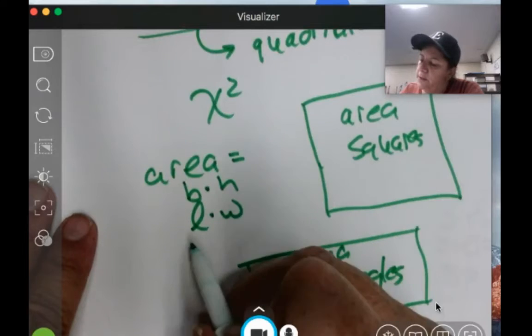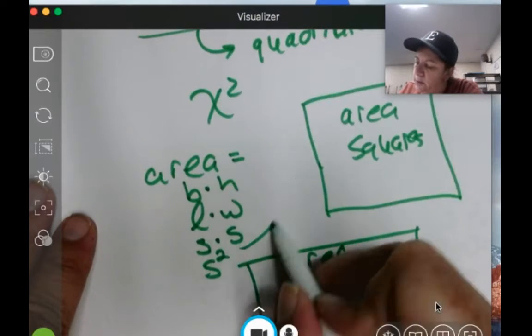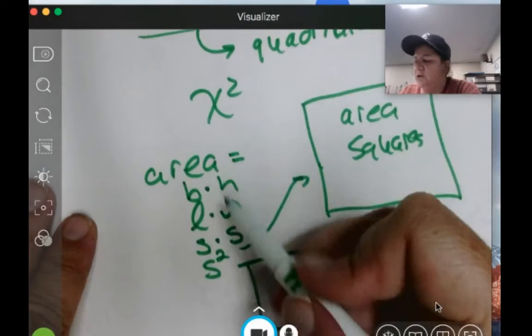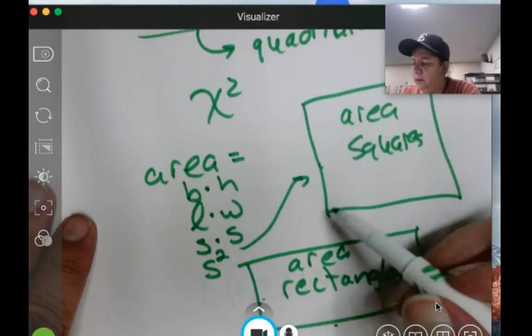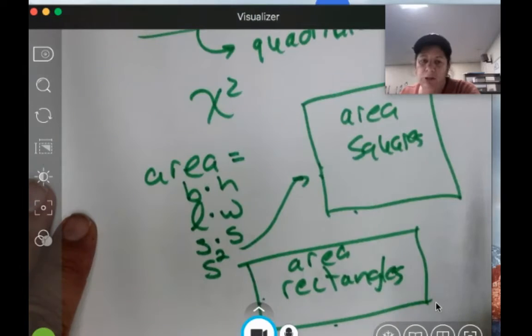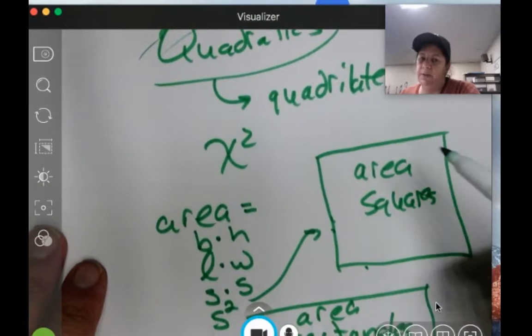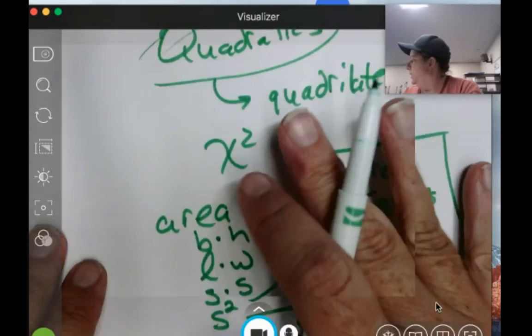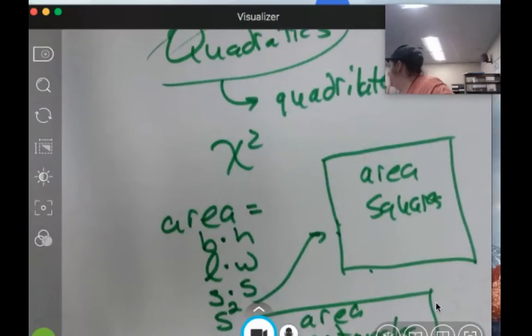Or with a square, you might have learned it's side times side or side squared. Those are all the same formula, right? Base times height, length times width, side times side. It's all the same. And you might want to pause and catch up with that just a little bit. But I'm assuming that you are comfortable with the area of squares and rectangles.